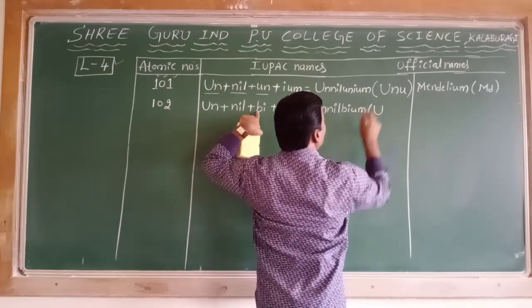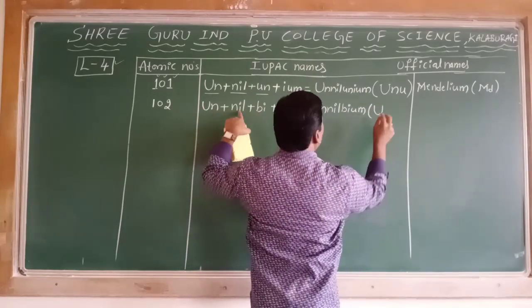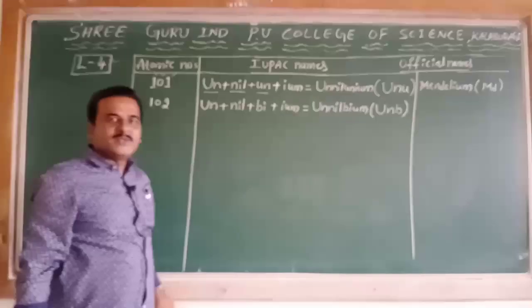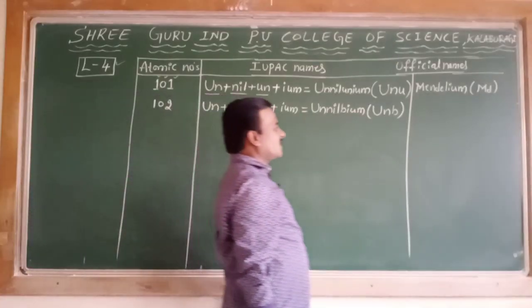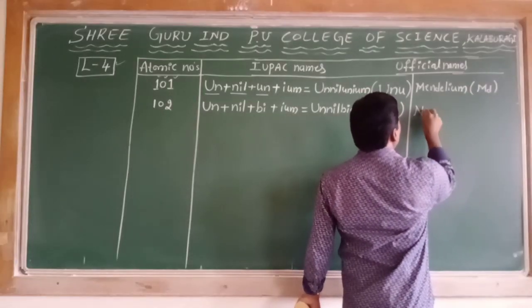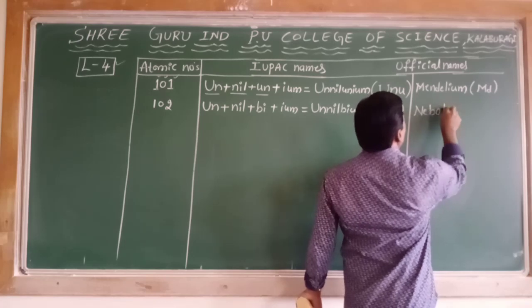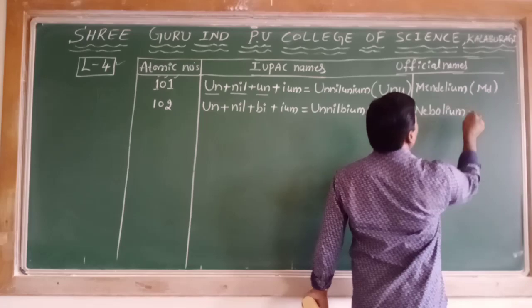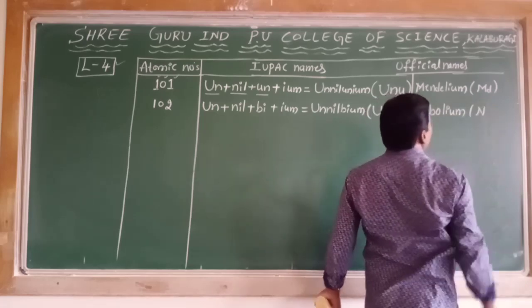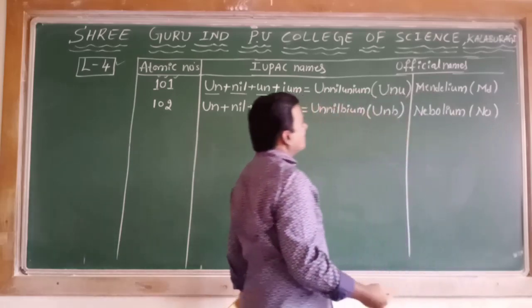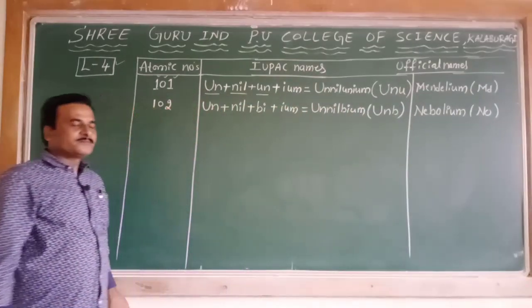Symbol UNB. And the official name of this one is Nobelium, N-O, Nobelium.